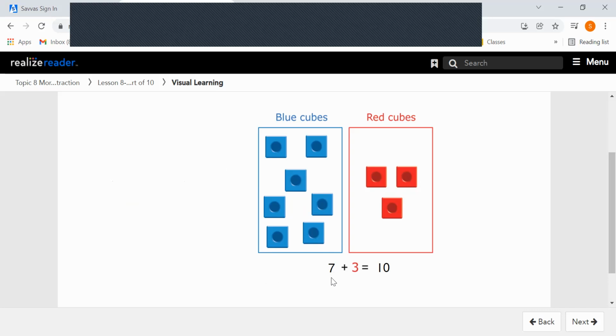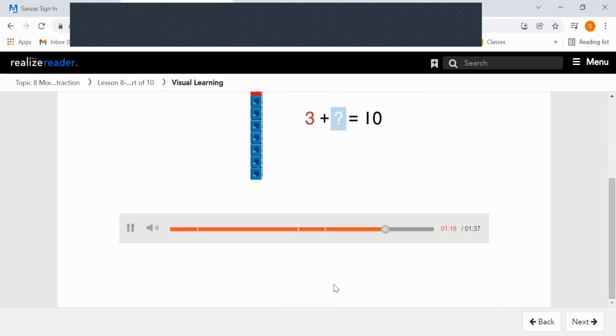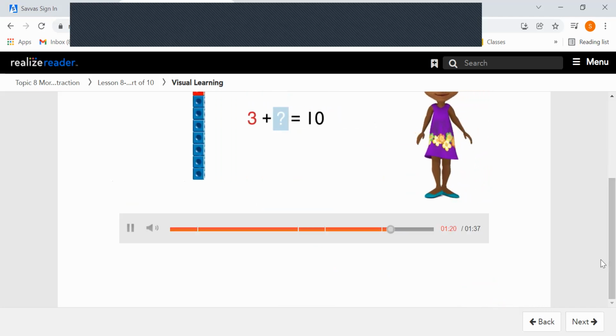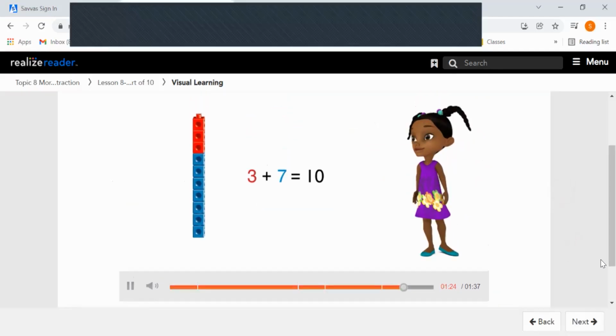So 7 blue cubes plus 3 red cubes gives us 10. You need 7 cubes. The equation 3 plus 7 equals 10 shows this.